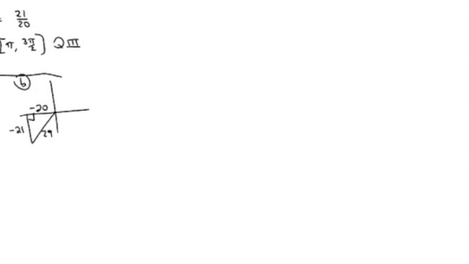Your turn. Given the sine of A is equal to negative 3/7. This is not a special triangle, by the way. And A is in quadrant 4.